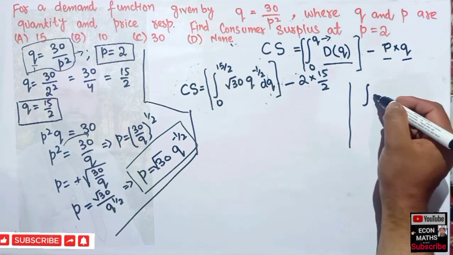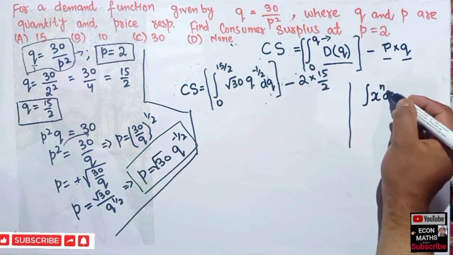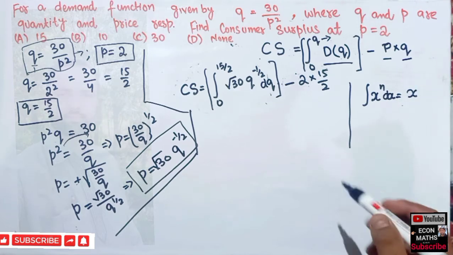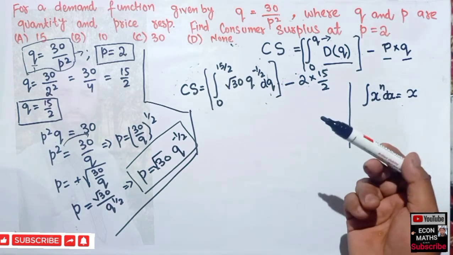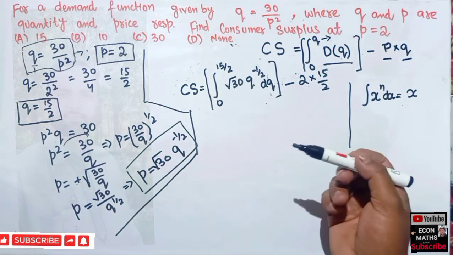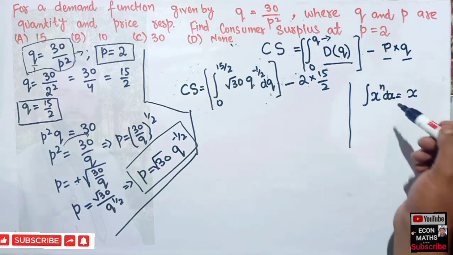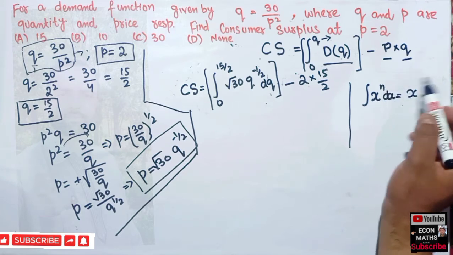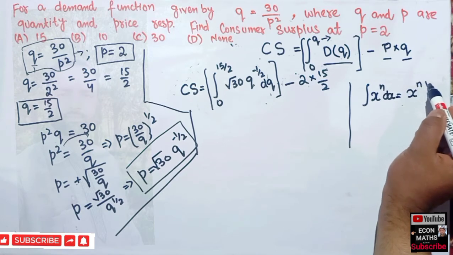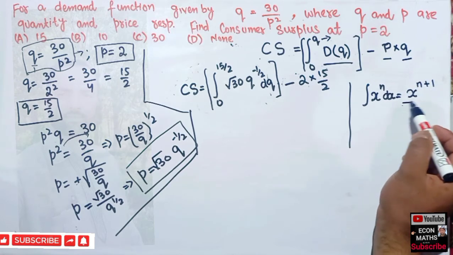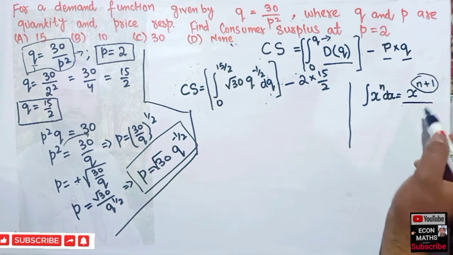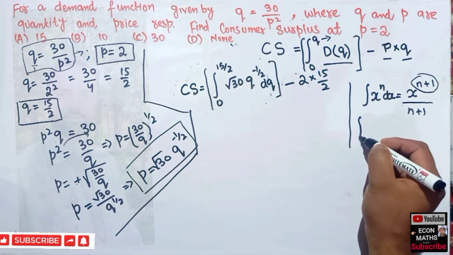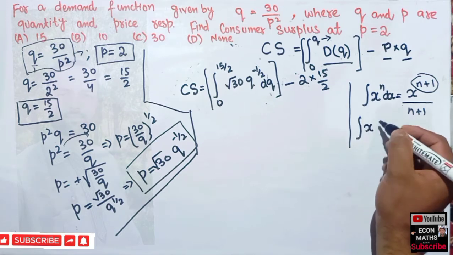If we want to integrate x to the power n with respect to x, since integration is the reverse of differentiation, we write x as it is, add 1 to the exponent and divide by the resulting exponent, that is n plus 1. Let us say we have x to the power 5.